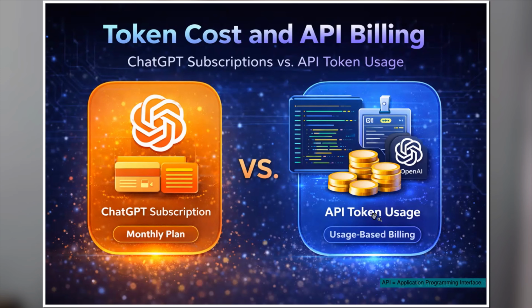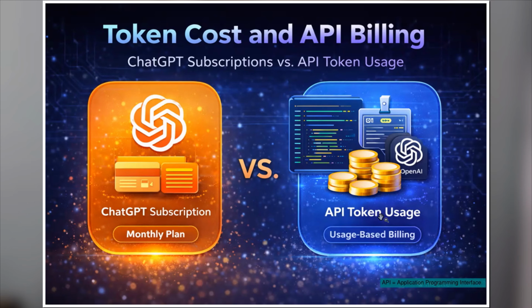Some people might say, well, I already have a monthly plan, or I have a subscription with whichever model I am using. I just want to clarify that there is a difference between a monthly plan or subscription and something called API token usage.